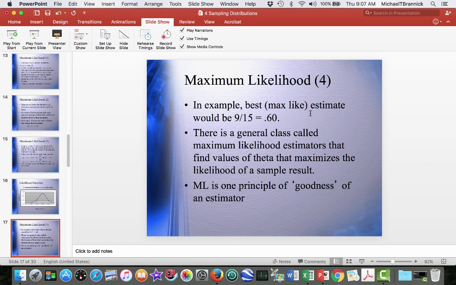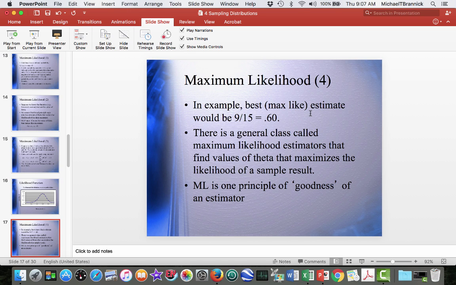Now in this particular case, the common arithmetic answer and the maximum likelihood answer are the same, and you go, duh, why would I do anything else? But there are going to be times when you're running into computer programs that use different arithmetic functions. You're going to see there are different ways of defining goodness, and different programs will give you different answers depending on whether they're maximum likelihood, or bootstrap, or ordinary least squares.